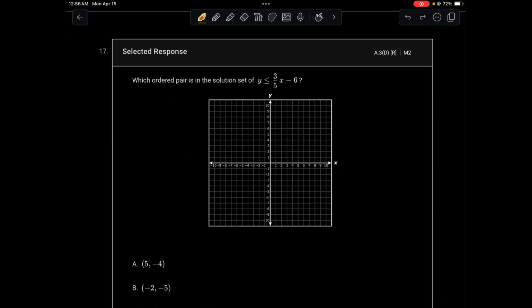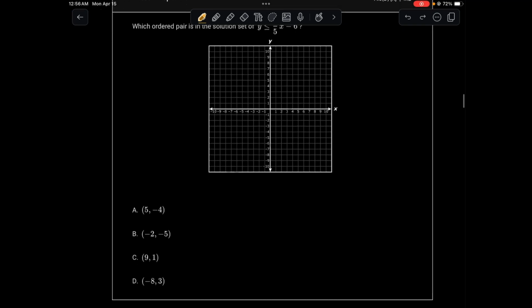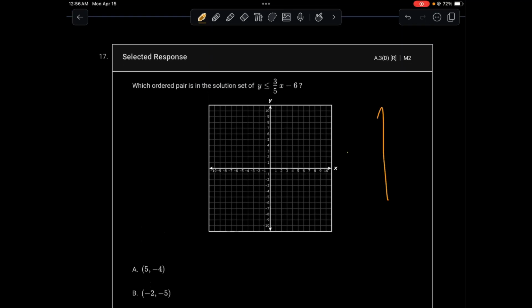17. Which ordered pair is in the solution set of that? The solution set of this, how do we do that? Well, we have y is less than or equal. So suppose that y is this one.